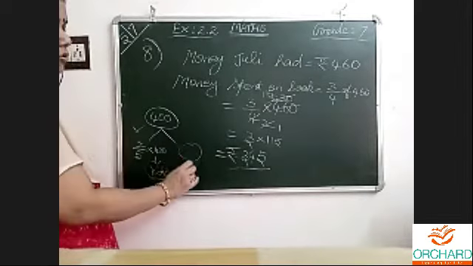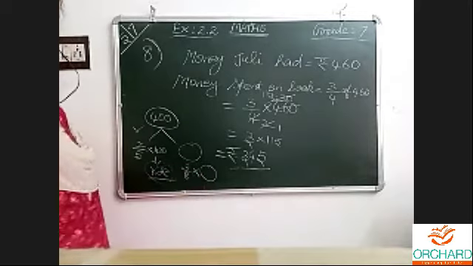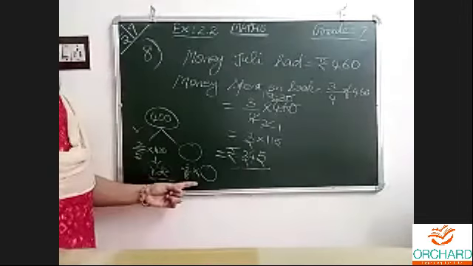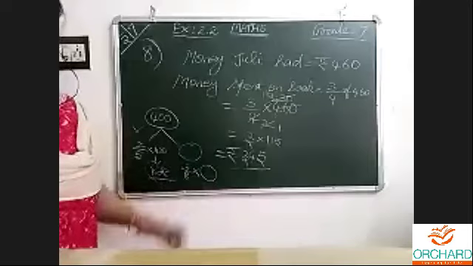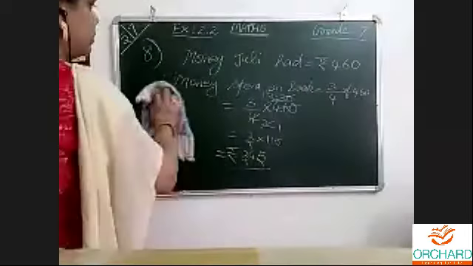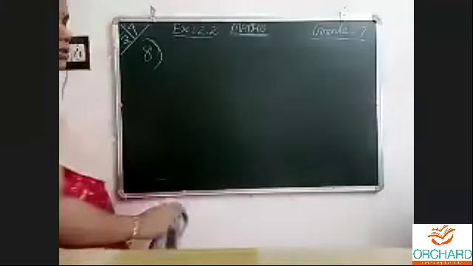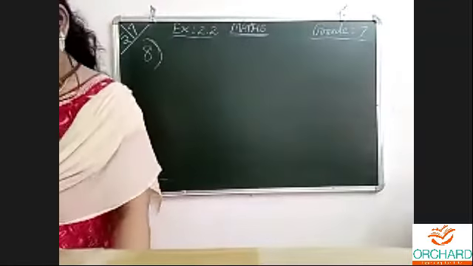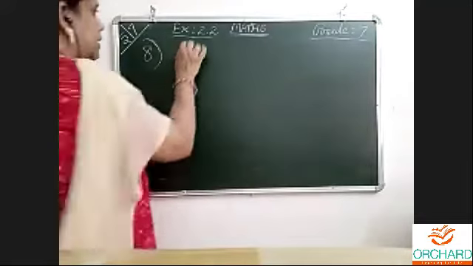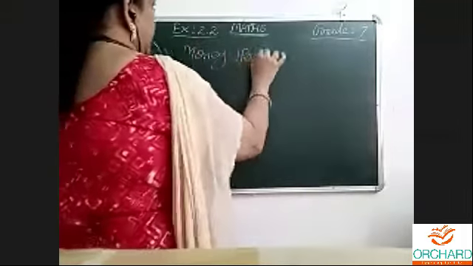So we have to find 3/8 of that money. When we do, we will get the money that she has spent on video game. Now while writing, you will understand the steps clearly. Instead of directly telling, they have given 3/8 of the money, 2/8 of the money, like that. Money that Ria had.